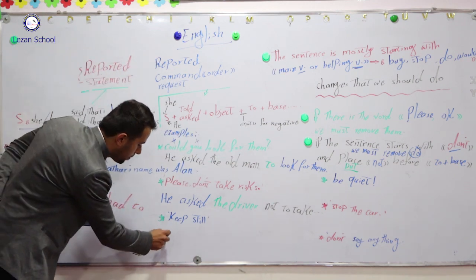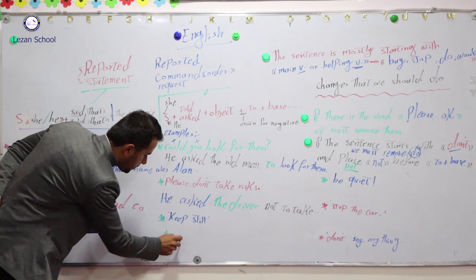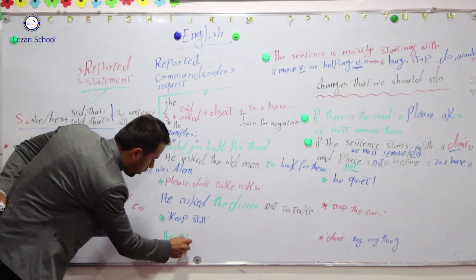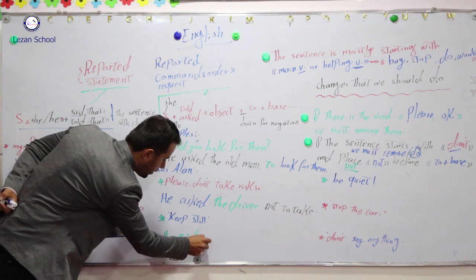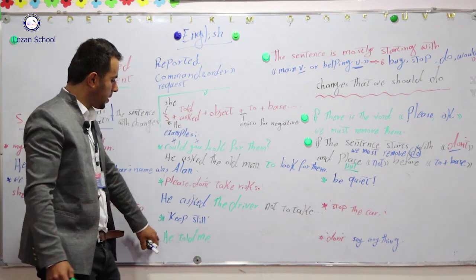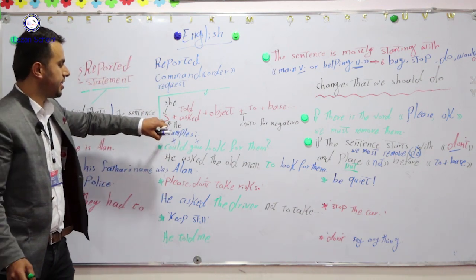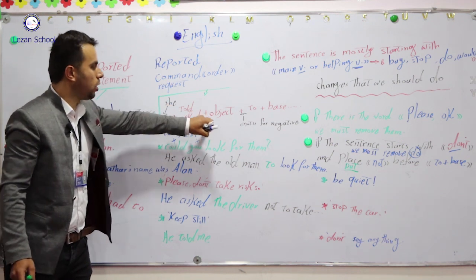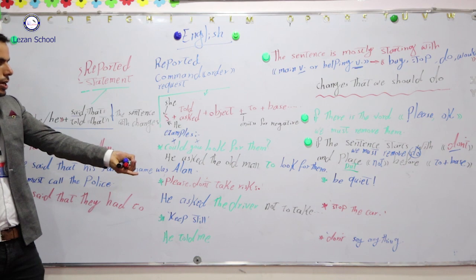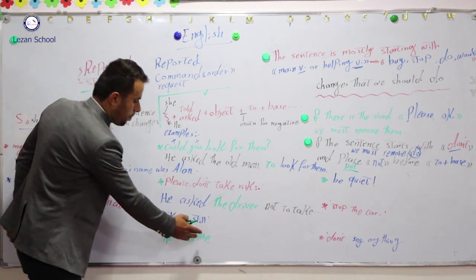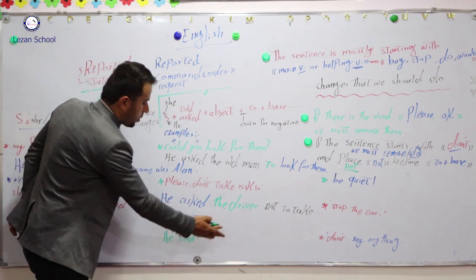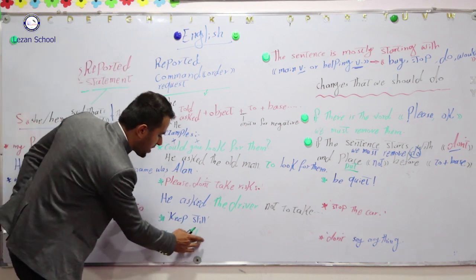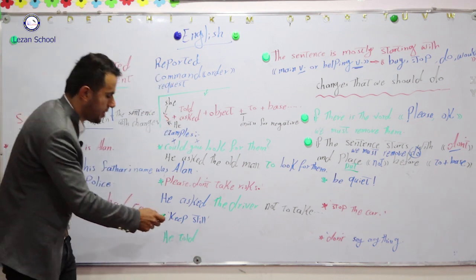He told me. This is according to the sentence. It's an order, we have to use told. An object, we can use a proper name or an object pronoun. He told Dave, for example, or he told me, it's the same.